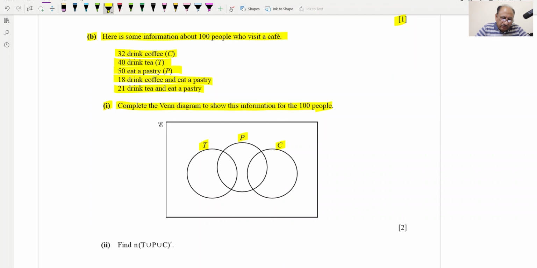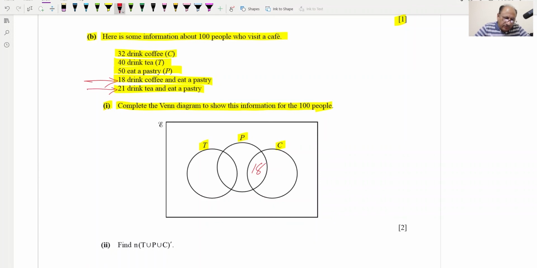Now we can start with this one. 18 drink coffee and eat a pastry. So 18 will be in this section because this is the section for pastry and coffee. Next section is drink tea and eat a pastry.